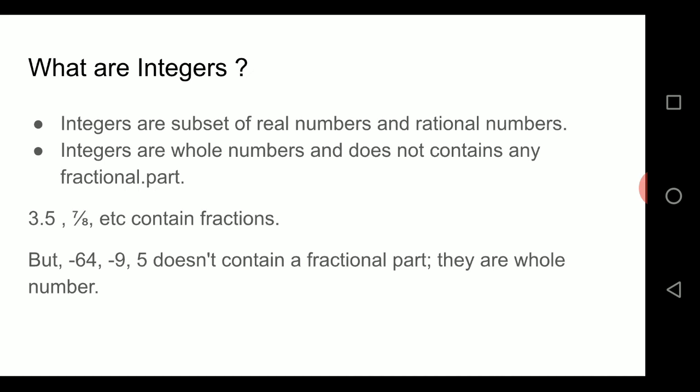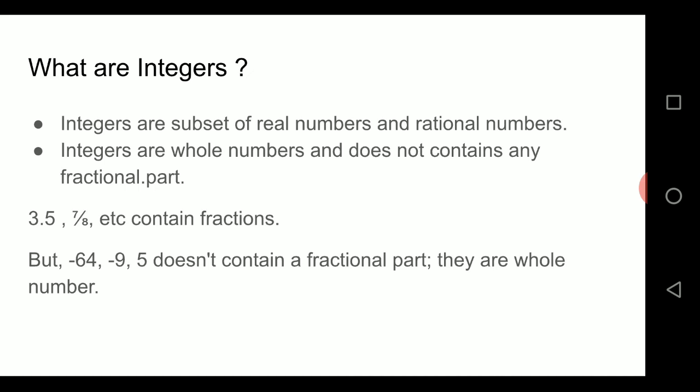When you divide an integer by 1, it can look like a fraction, but when you divide, you get the same answer. For example, if I divide 5 by 1, that is a fraction, but the answer is again the same number 5, and that is why integers are special.